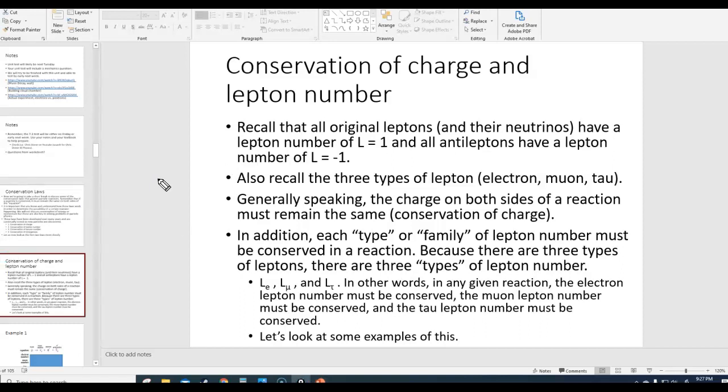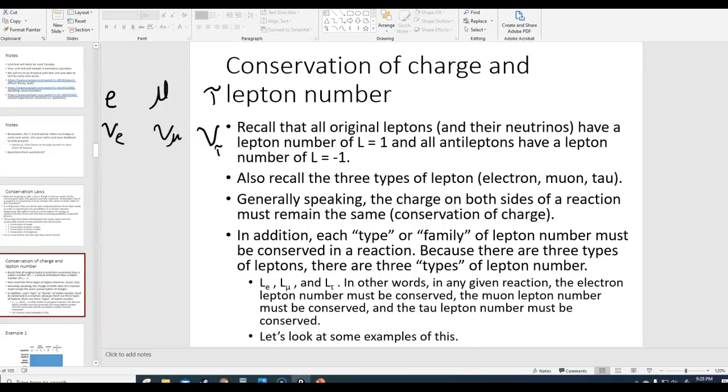Here's what I mean by that. The electron and the electron neutrino are in the same family. The muon and the muon neutrino are in the same family. And the tau and the tau neutrino are in the same family.